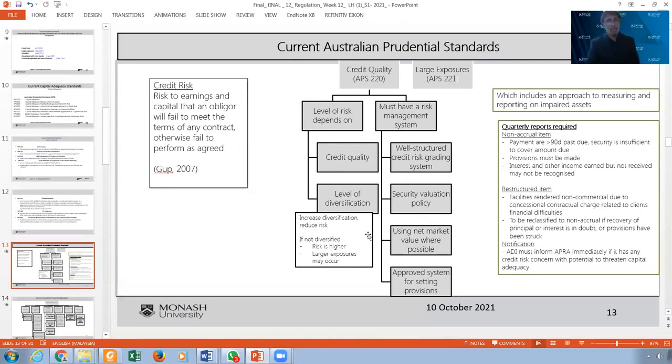According to the standards, as in other countries, APS 220 will tell you how to set those standards, because if you have the right to increase and decrease provisions without any supervisory involvement or regulation, then you can play with the bottom line.